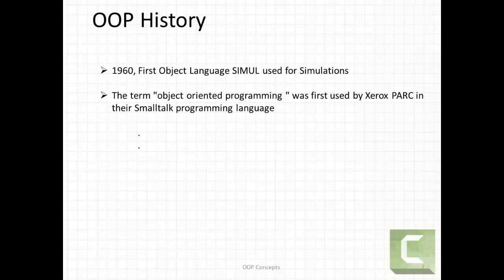That was Simula, the name of that language, and it was used for simulation of machines. The term object oriented programming was first used by Xerox company in their Smalltalk programming language. So you can say that Xerox was the first company which gave the name object oriented programming.